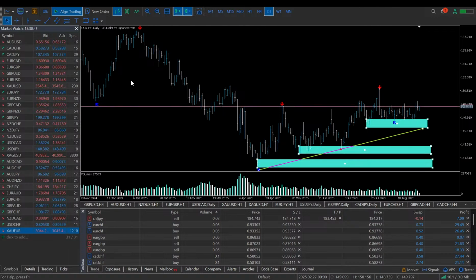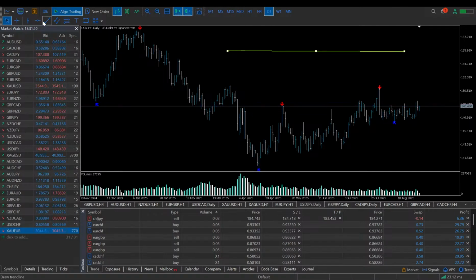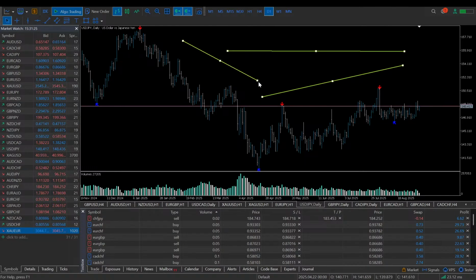Now, having this trend line also helps us to identify that we are looking at price rising here. So one of the approaches you can use is knowing that there is a side trend line, there is an up trend line, and there is a down trend line.